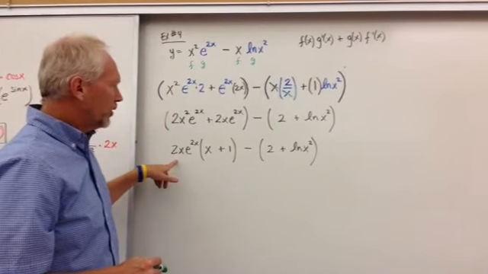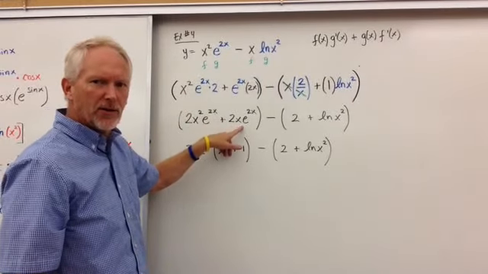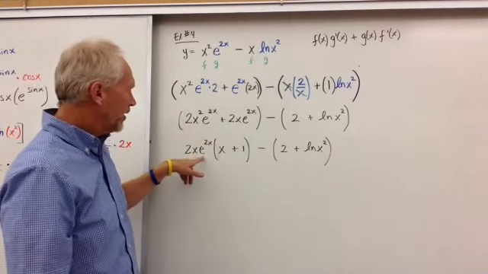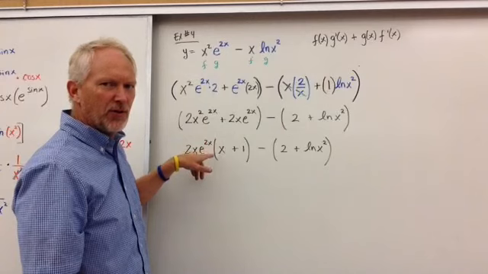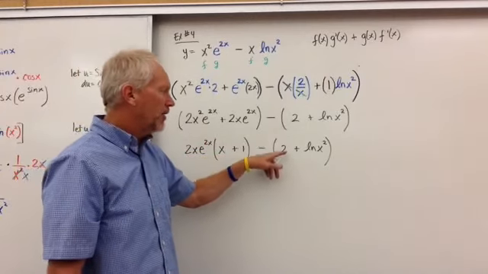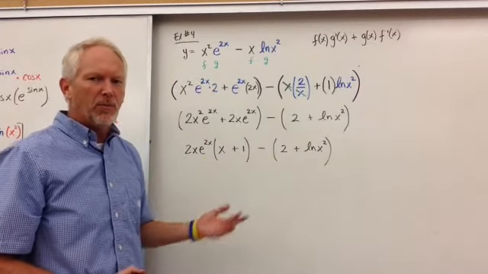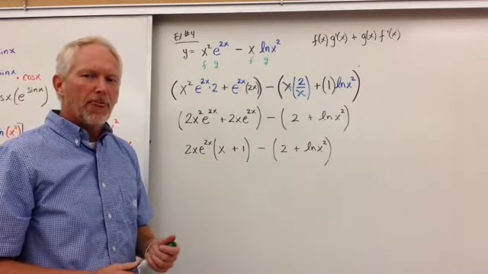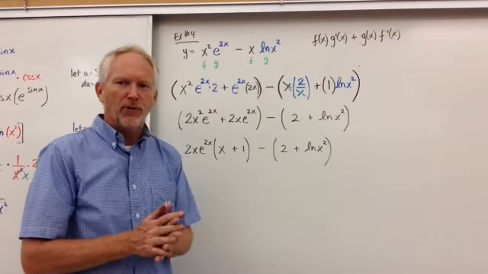Now, we could have factored out a 2x and an e to the 2x here, so I did that. So we get 2x e to the 2x times x plus 1 minus 2 plus ln x squared. Now, we could possibly further simplify that, but I think that's about good for now.